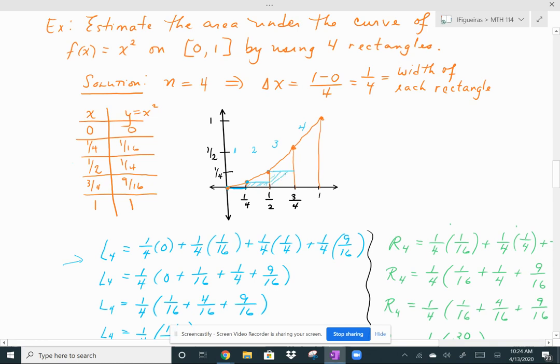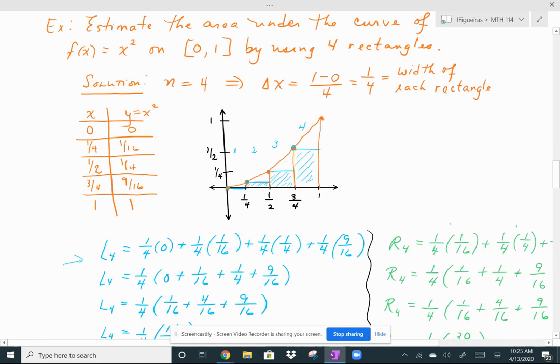And again, this will be an underestimate of the area because I'm missing all this space here above. And then I go to the fourth one, pick the left-hand endpoint, draw that across, shade that in, and that is again another underestimate because I'm missing all of the space above.